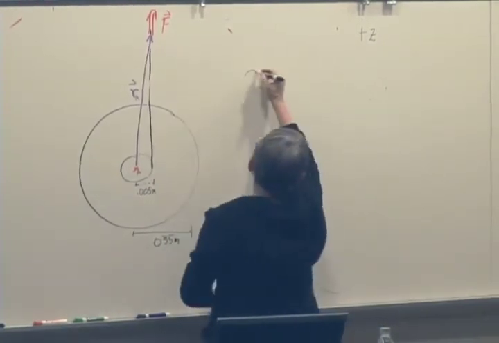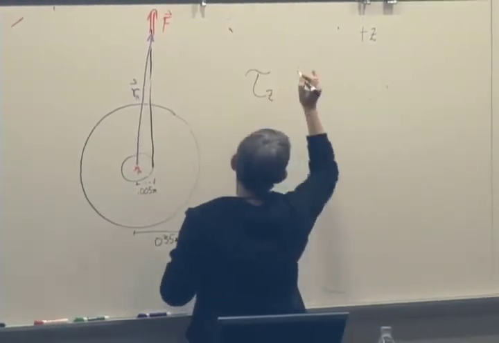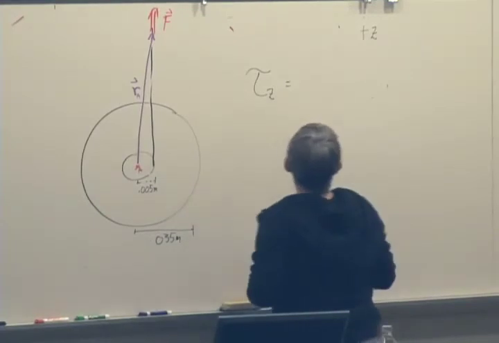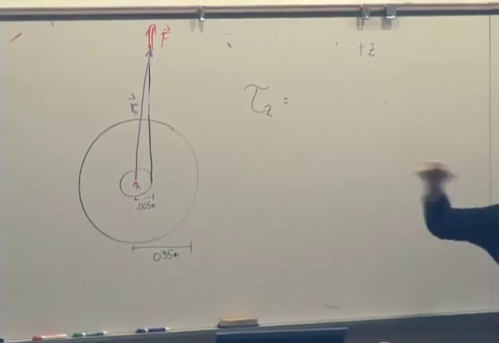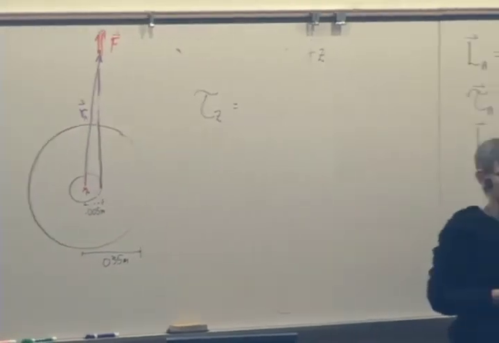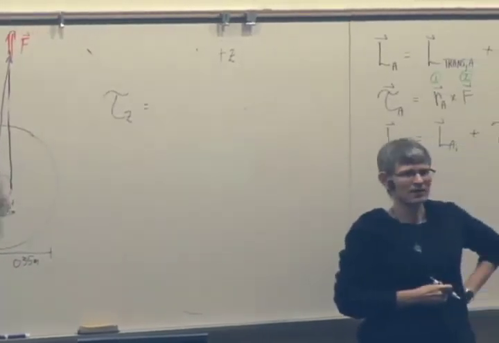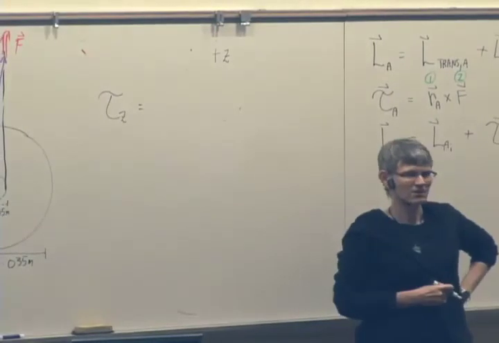So we want the Z component of the torque, and what would that look like in terms of all those X's and Y's that we multiply out and subtract to get the cross product?